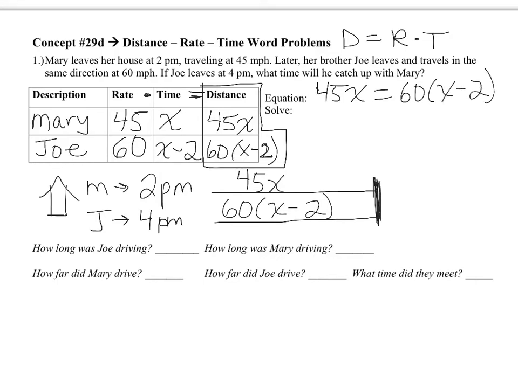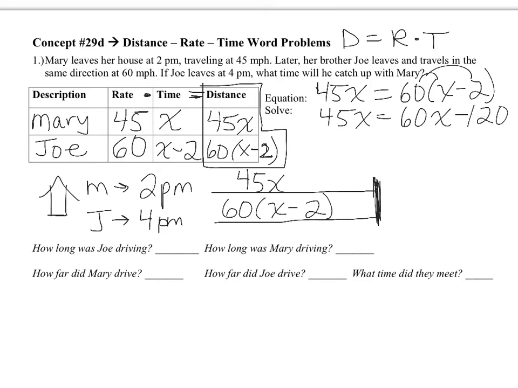And now when I solve this equation for x, well, that is going to give us Mary's time. And then once we have that, we'll be able to answer this question. We'll also be able to answer all these other questions down here. So once you've set up your equation, then you solve for x. And so I'm going to distribute the 60, and you get 45x equals 60x minus 120.